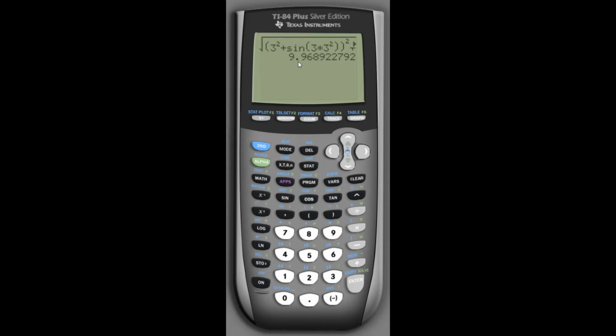So the speed is 9.969 thousandths. That is the speed of this particle at time t equals 3.